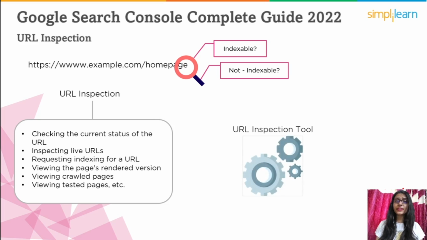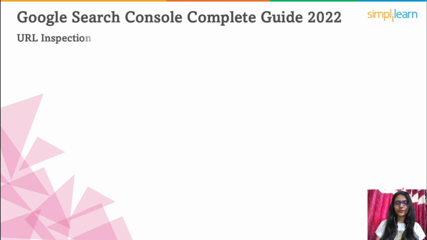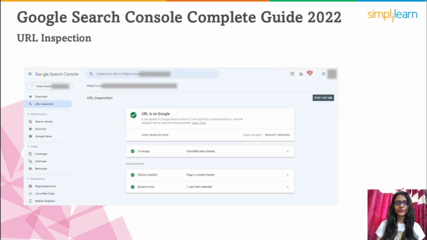In order to check the index status of a URL, open the URL Inspection tool and add the complete URL for which we need to know its indexing status. Now, to understand the results, check the present status.